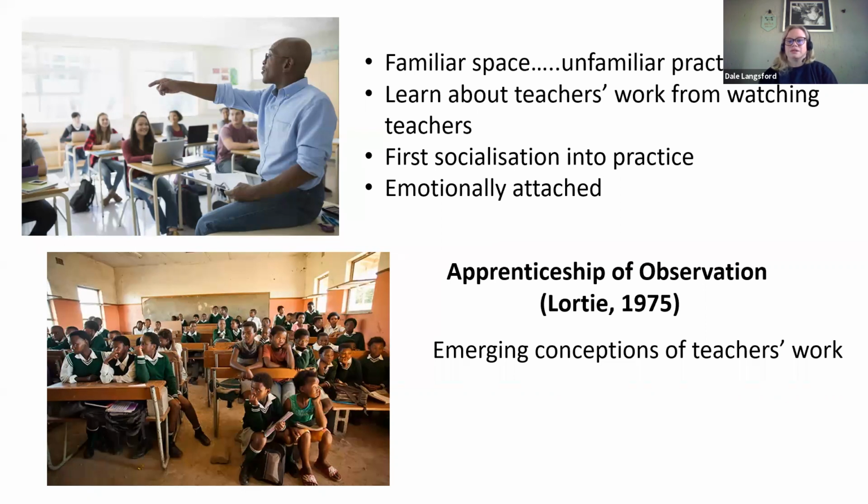And so what ends up happening is the complexity of teaching is not conveyed by these observations because the students see the actions of the teacher, not her reasoning about the practice and reasoning in practice.